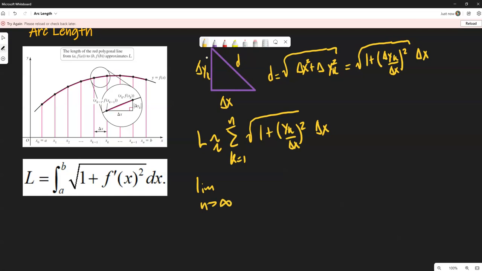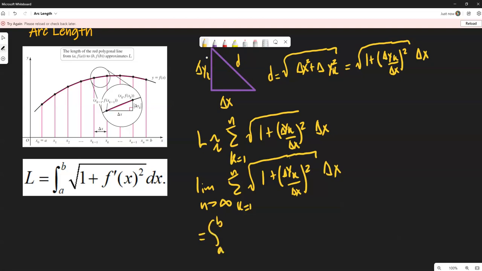So if we take it to infinity for the length, which is the series summation from k equals 1 to n of the square root of 1 plus delta y over delta x, squared, and then of course the delta x is on the outside. Now, all that this gives us is the integral from a to b of the square root of 1 plus f prime of x squared dx.